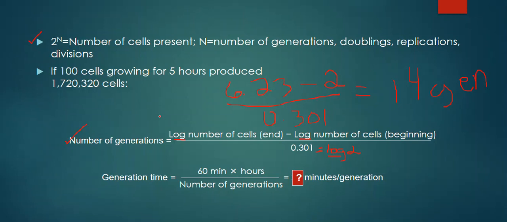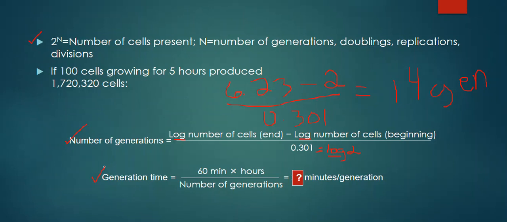Now the next formula I want you to remember is how to calculate generation time. Generation time is defined as the length of time it took for a bacteria to go through its doubling, the length of time it took for one cell to become 2. Some bacteria have a generation time as quick as 20 minutes, things like Staph aureus. A lot of pathogens have a very quick generation time.